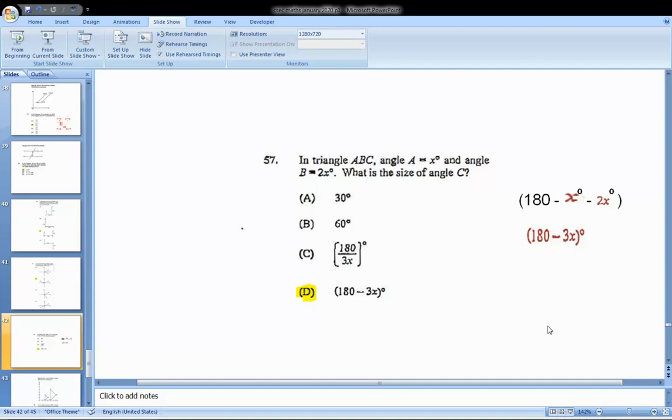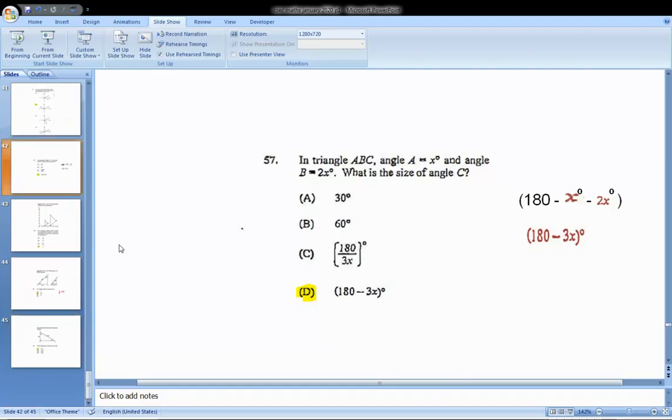We know 180 minus x degrees minus 2x degrees. That represents our triangle. And when we simplify, we get 180 minus 3x degrees. If they had asked us to solve, we would have known the value of angle C. So D would be our answer.